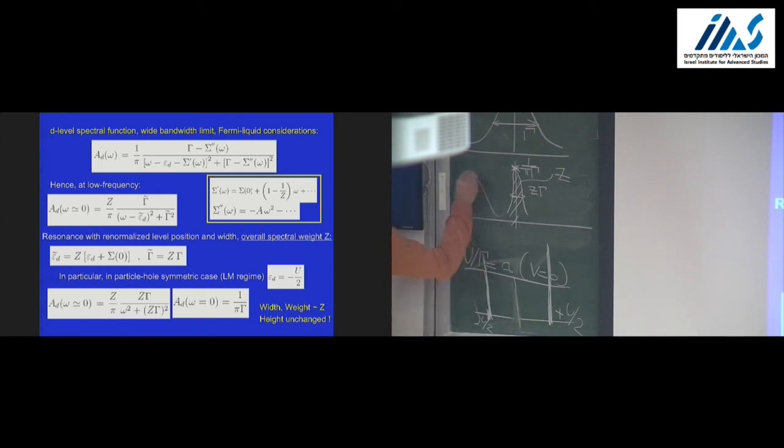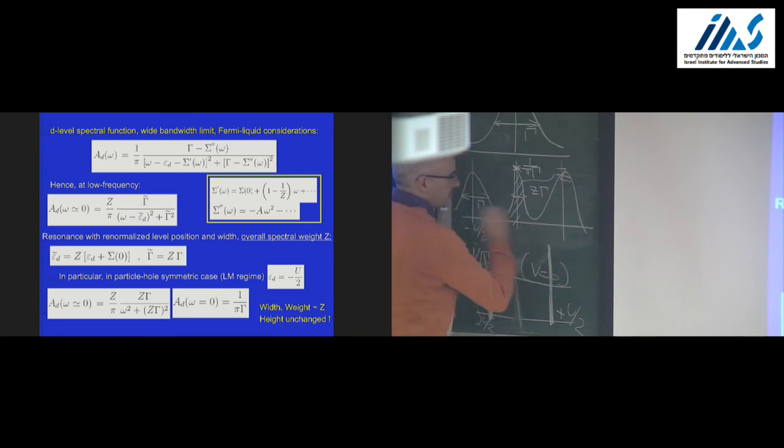So there should be here also stuff at order minus u over 2, which has no reason to be so strongly renormalized, so presumably of width gamma, and here the same of width gamma. The total spectral weight has to integrate to 1 because this is a spectral function, but this only concerns z fraction of the spectral weight.